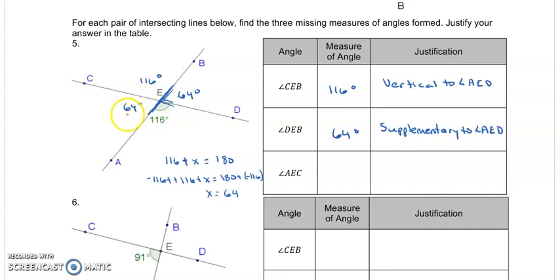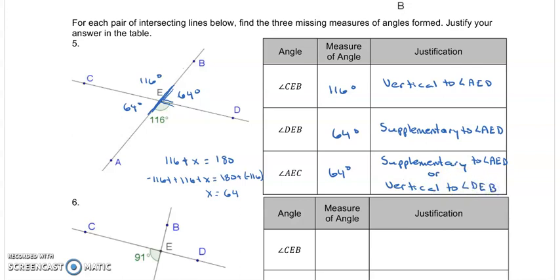And then to find this one, we had a lot of different options. Remember, we could have thought of them as supplementary or vertical. So we found out that angle AEC is 64 degrees, and it's because it's either supplementary to angle AED, or we could say that it's vertical to angle DEB.